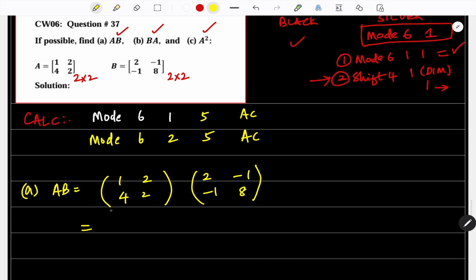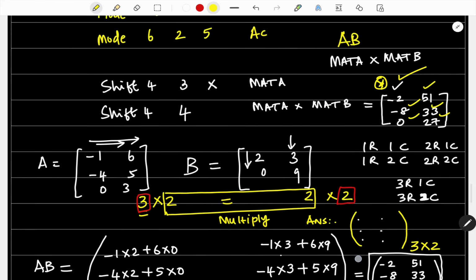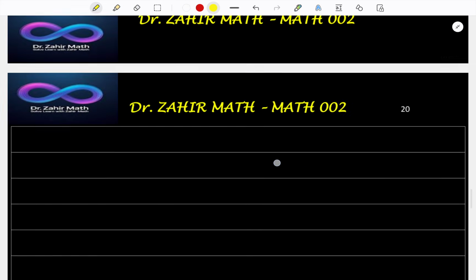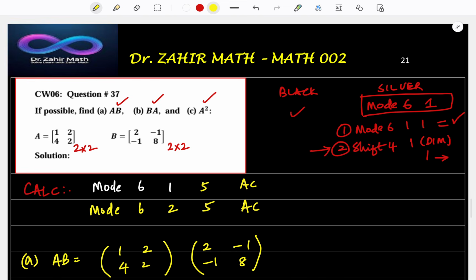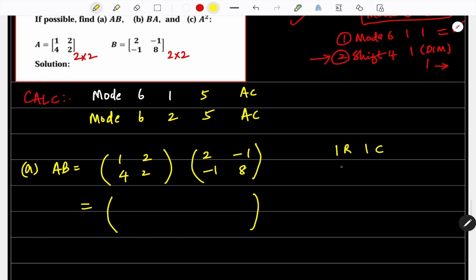What we are going to do: first row, first column, first row, second column, second row, first column, second row, second column, the same manner.